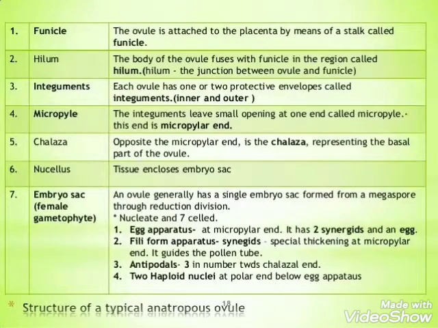The female gametophyte located within the nucellus is known as the embryo sac. So these are the few important parts of a mature anatropous ovule or megasporangium, and you have to make the diagram of the megasporangium in your notebook.